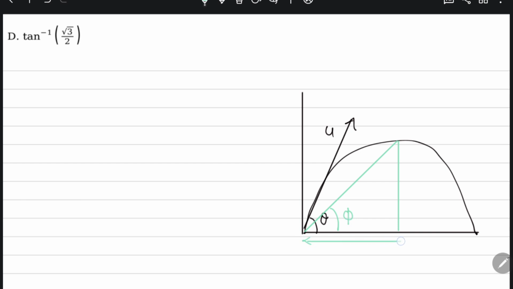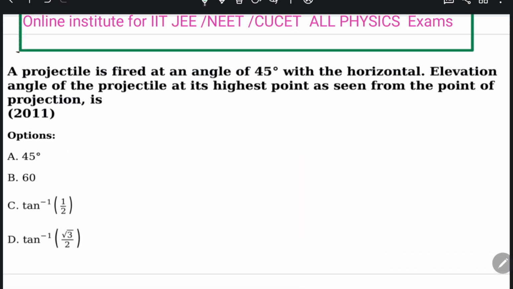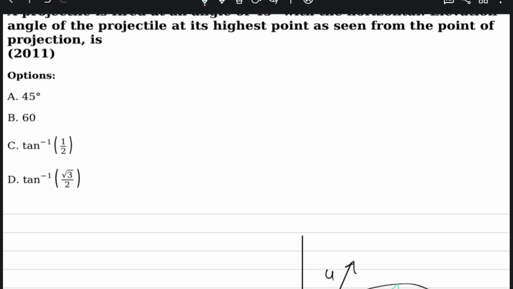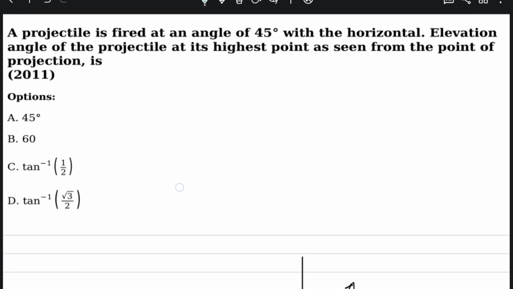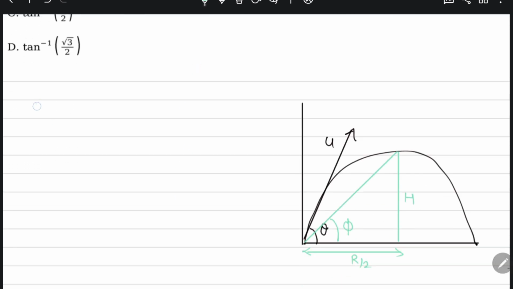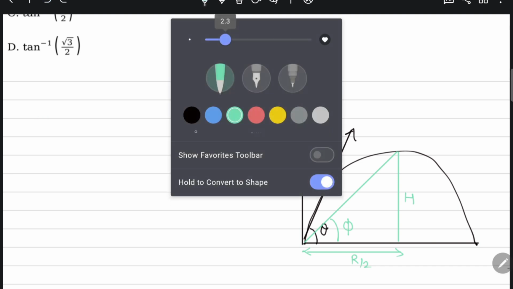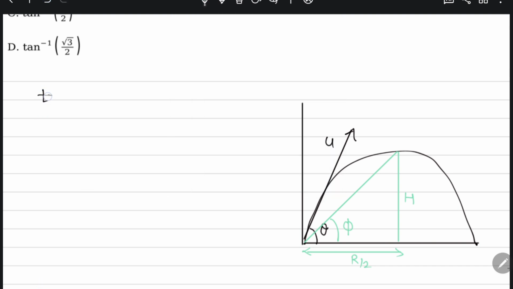This range I say R by 2, and this as H. So the projectile is fired at an angle of 45 degree with the horizontal. They are asking the elevation angle of the projectile at its highest point as seen from the point of projection. Yes, I used the front pen. This is the angle of elevation at the highest point.